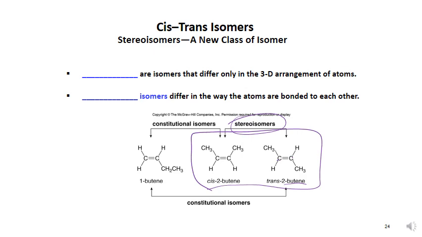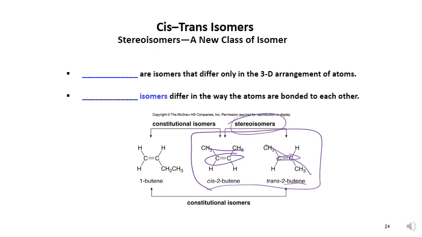It's just only whether or not the methyl groups are across from each other or right next to each other in relationship to the carbon-carbon double bonds. Okay, so that's how you identify cis-trans stereoisomerism versus constitutional isomerism.